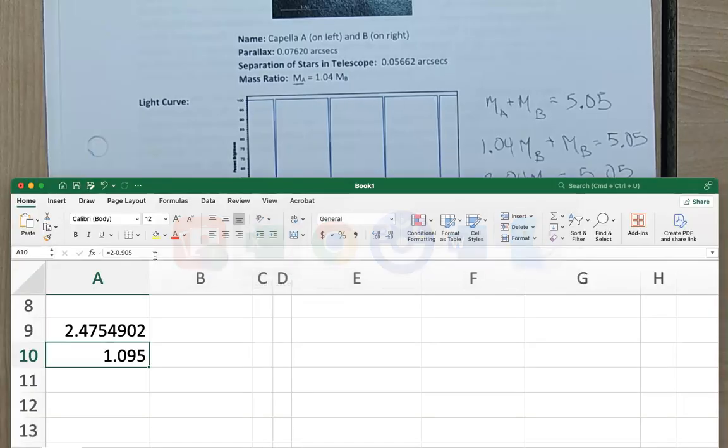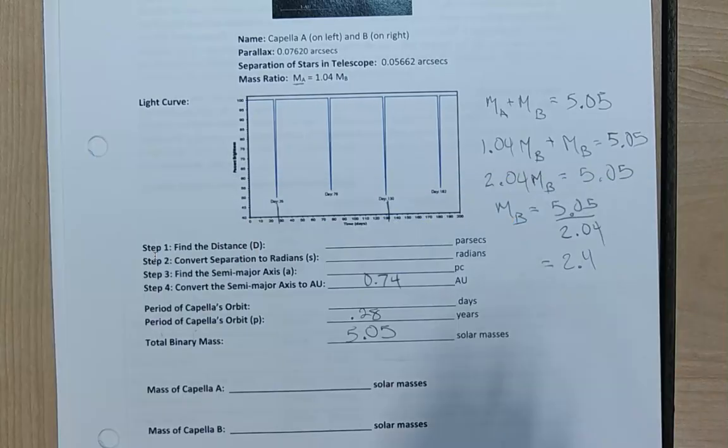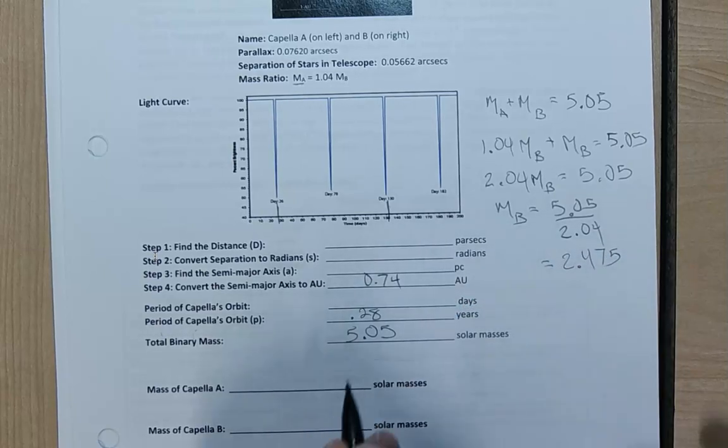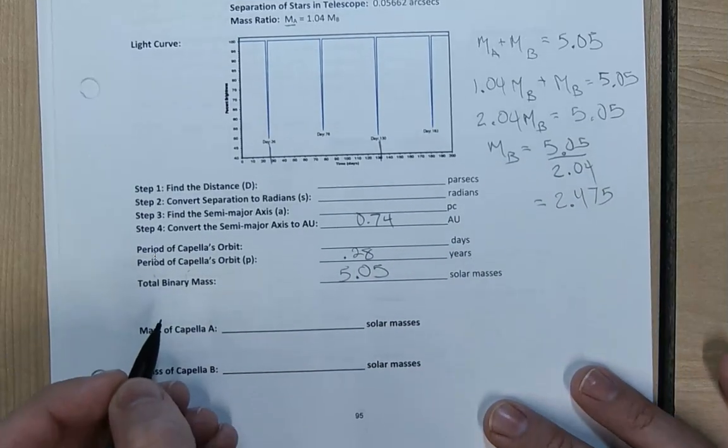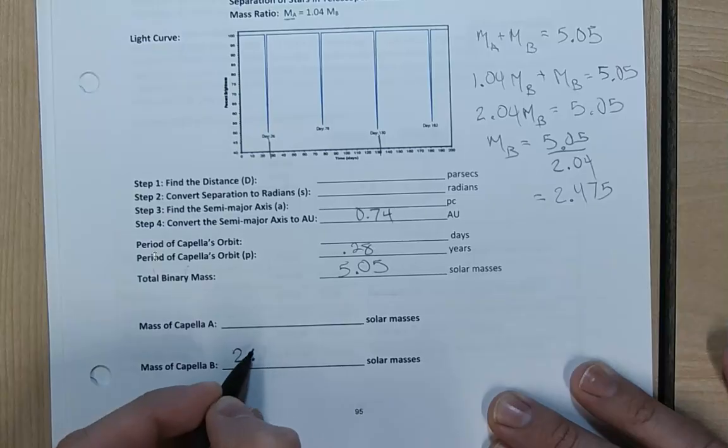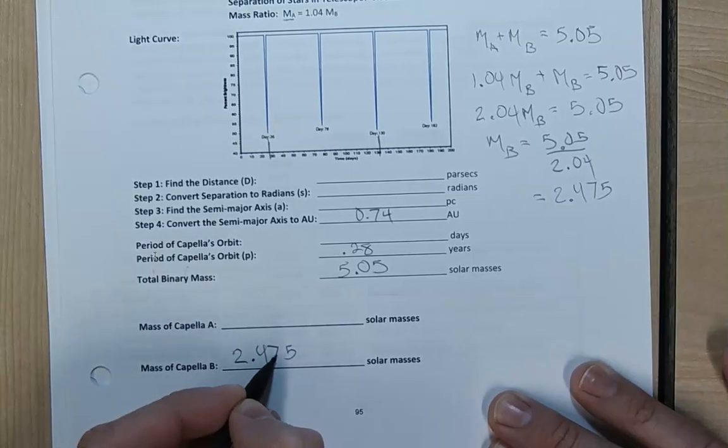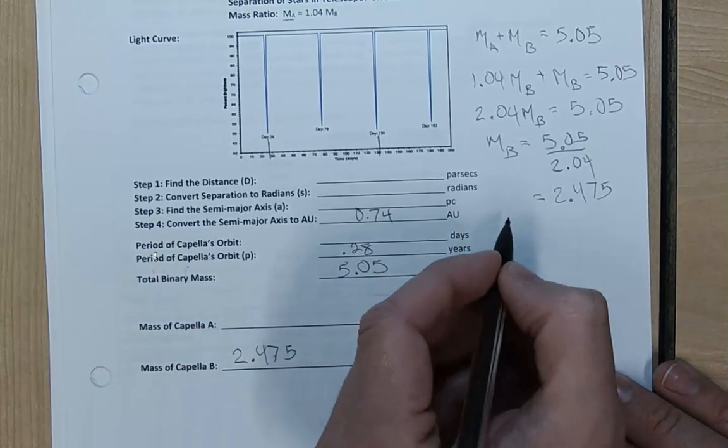That's not what I just said. 2.475. Okay. So MB is 2.475 solar masses.